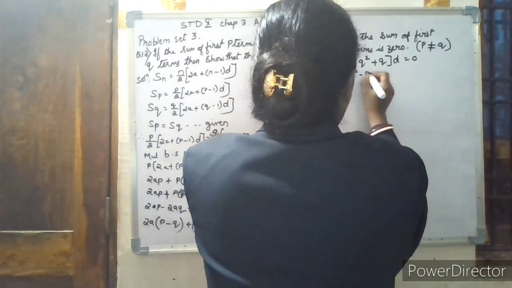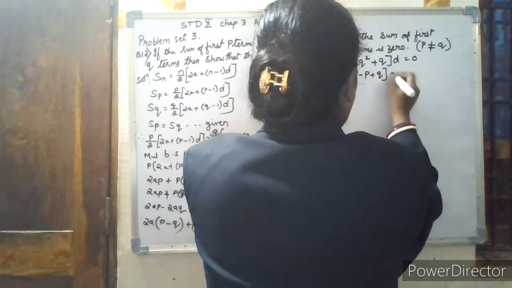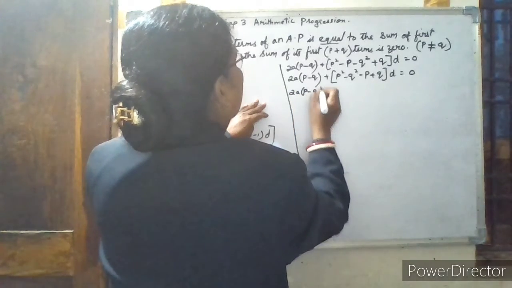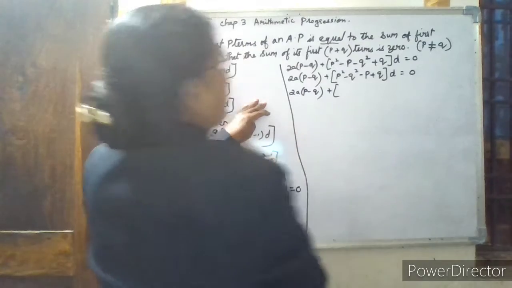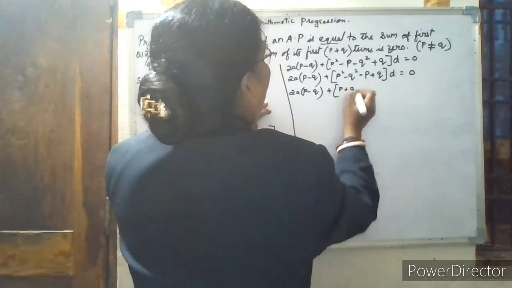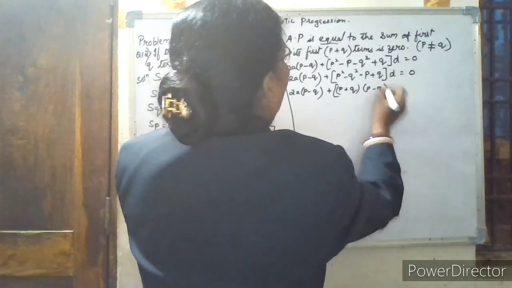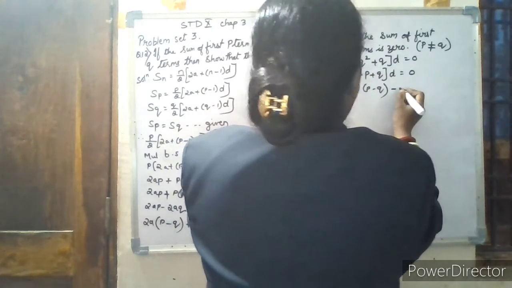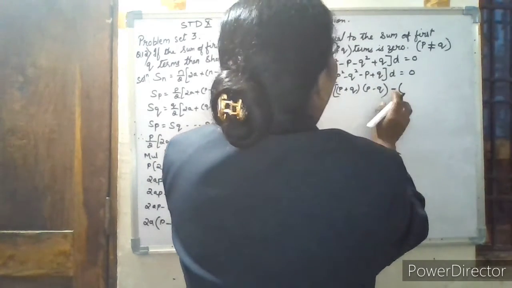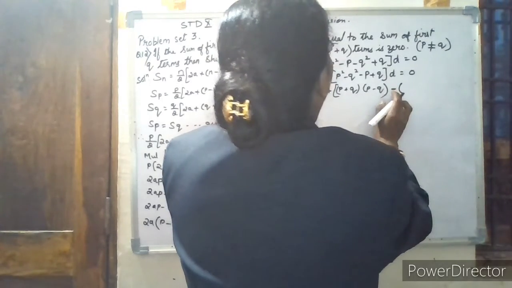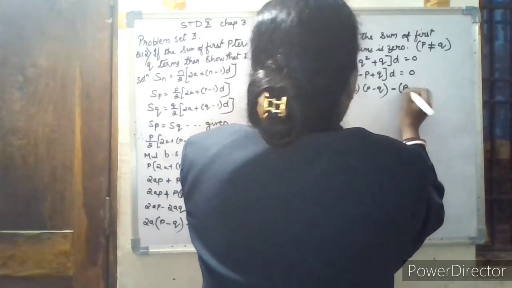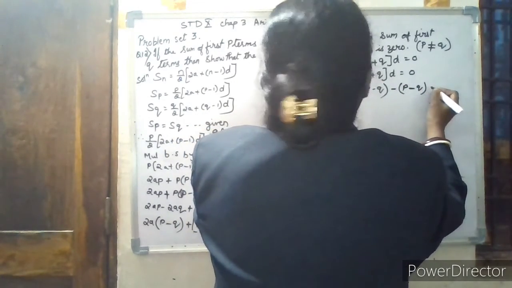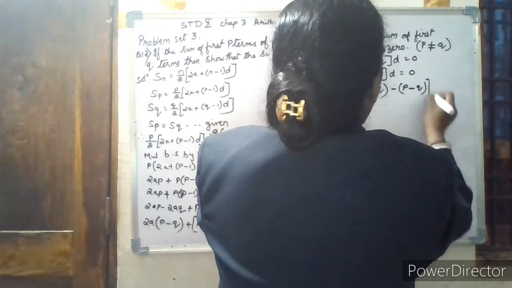So it is 2a into p minus q plus p plus q into p minus q, and then minus p and plus q remain here into d. Factorizing again, we take minus 1 as common: minus into minus is plus p, and minus into plus is minus q. This into d equal to 0.